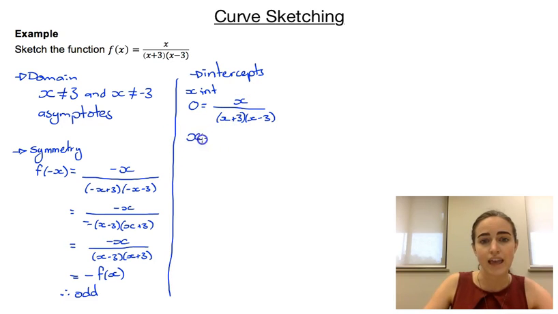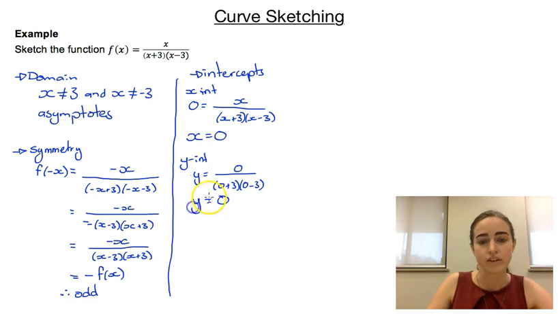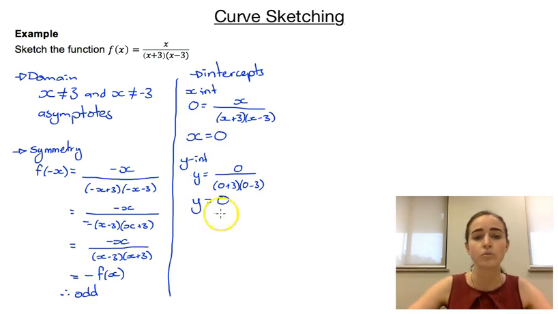So that's going to give us x equals 0 as our x-intercept. For our y-intercept, we're going to set x equal to 0. So we're going to have y or f of x equals 0 over (0 plus 3)(0 minus 3), which is just going to be 0. So our x-intercept is x equals 0, and y equals 0 for our y-intercept.